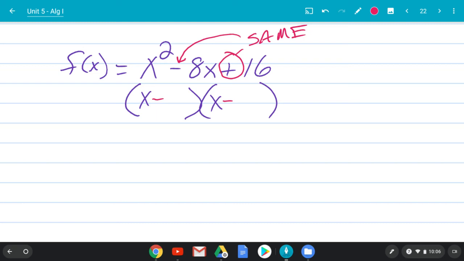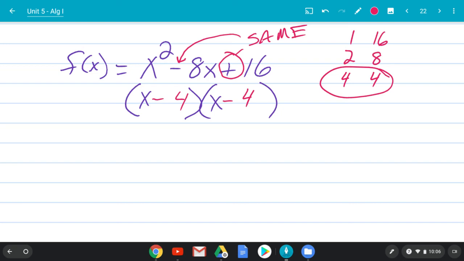Okay? Now, I list the factors of 16. 1 and 16. 2 and 8. 3 doesn't go into 16. 4 goes in 4 times. Are there any of these sets that add up to give me 8? 4 and 4. Sweet. Factored.